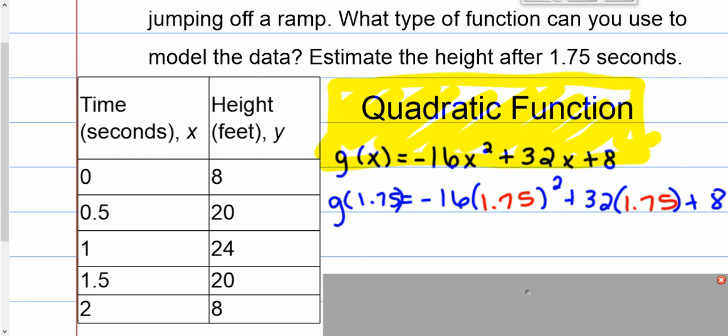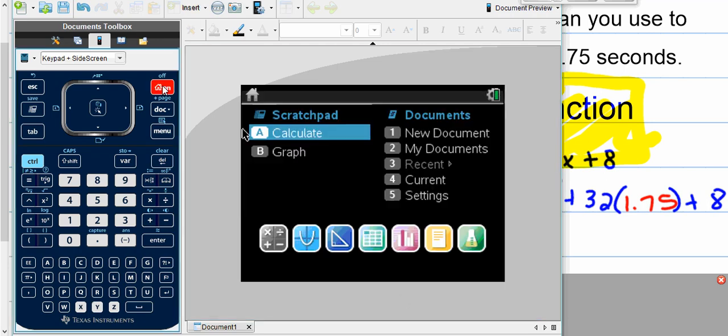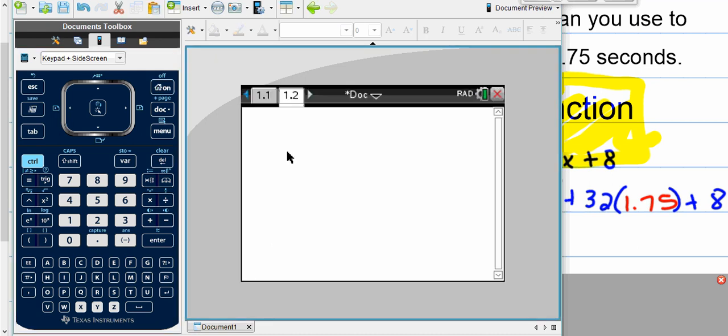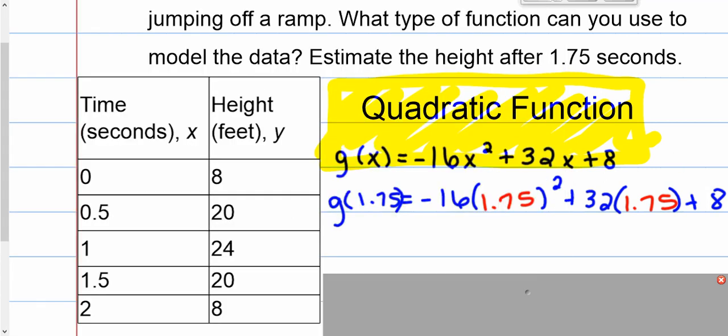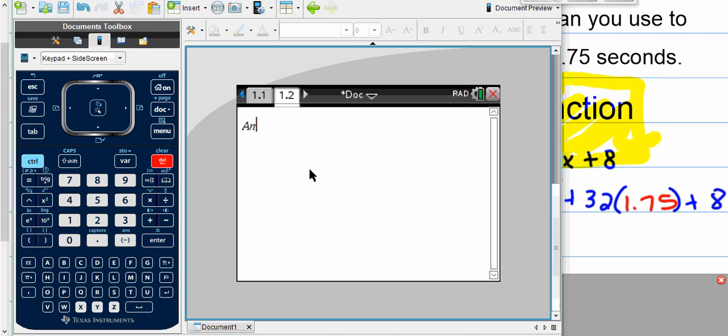Now, on your calculator, let's go to the home screen, and then just go to calculate, or you can press this little button down here, and we're just going to type that in. Let me make sure that we wrote this down correctly. We did. There's the negative. So let's type that in. Negative 16. Make sure that you open your parentheses. Oh, you know what I did? I pressed minus.